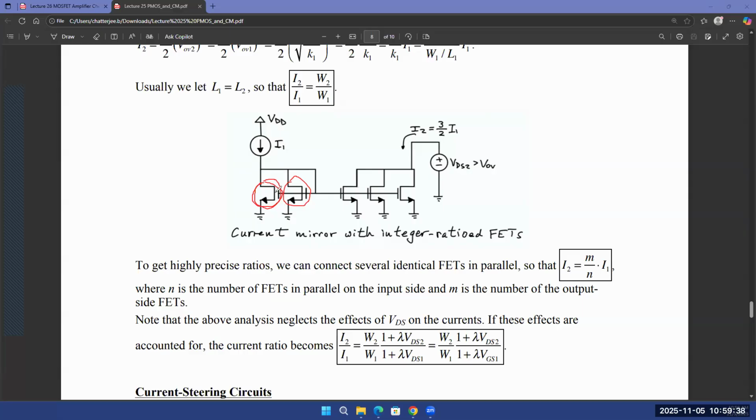You can have three of them in series, and if originally the length was also 100 nanometer, you create a 33.3 nanometer effective length. Okay? So all of that can be done, and it's in the designer's control. As a designer, you're free to do all of that when you're actually doing a chip layout or chip design. All right. So in general, I2 is going to be M over N times I1.